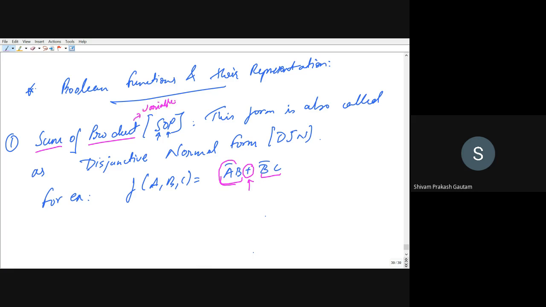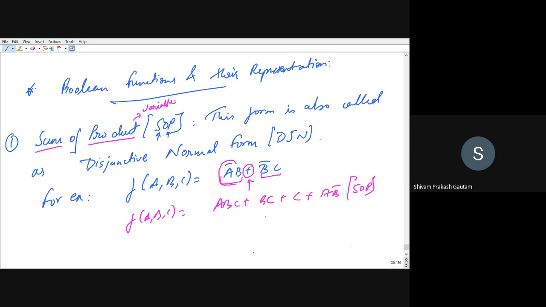Similarly, you can write, for example, ABC plus BC plus C plus AB bar, like this. I'm just giving you an example. If any equation or function is given in this form, it can be called sum of product, that is SOP.